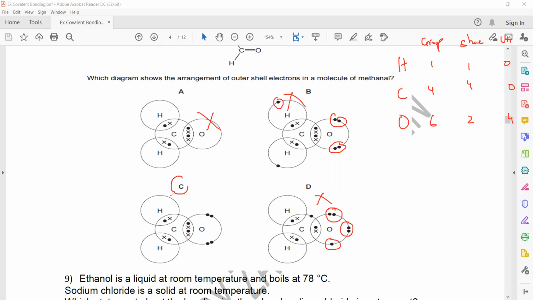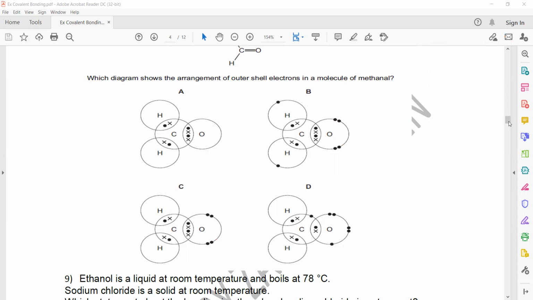We are left with option C, in which oxygen has 4 unshared electrons, and hydrogen and carbon do not have any unshared. So for these types of diagrams, if you directly check the unshared electrons, you can simply get the correct answer.